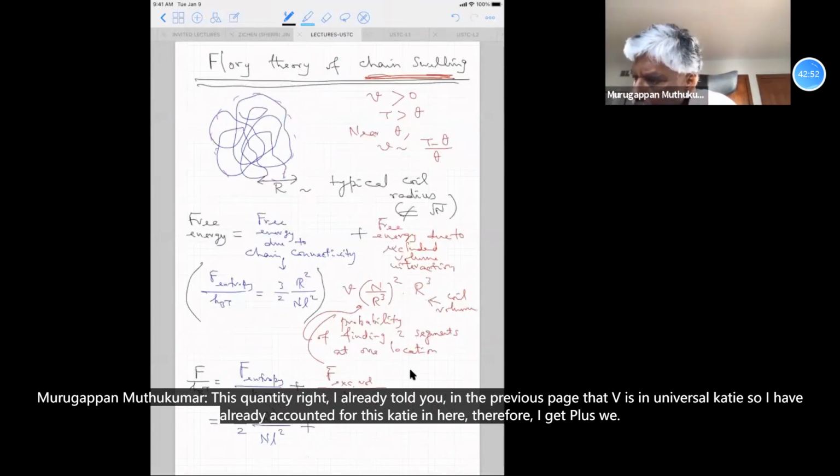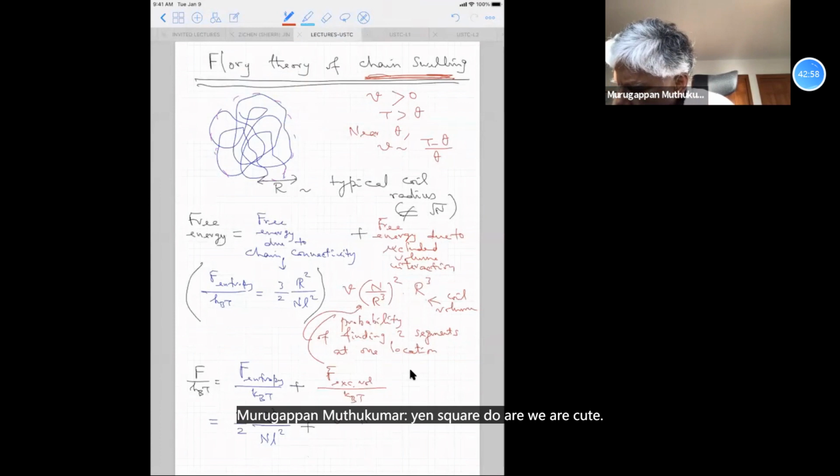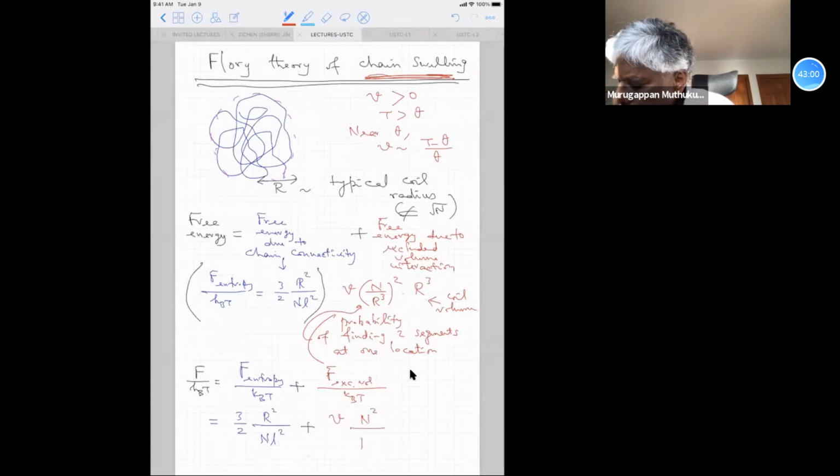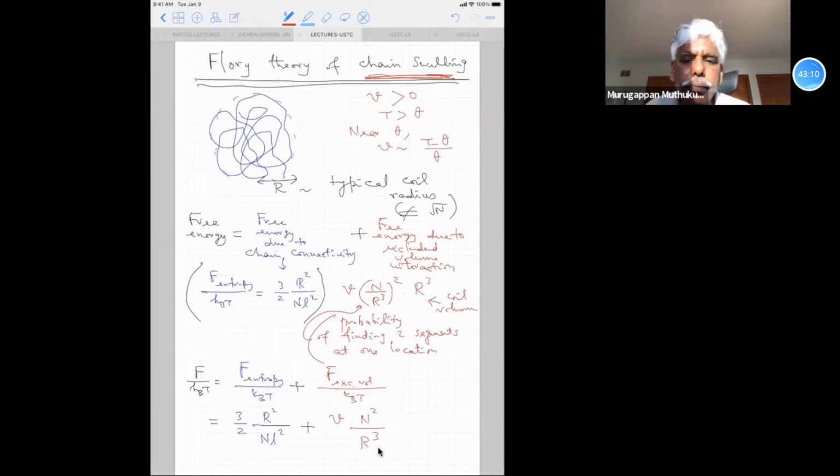Therefore, I get plus V N squared divided by R cubed, because I have N squared there, R cubed squared, that is R to the 6 in the denominator, and R cubed in the numerator. So I get V times N squared by R cubed.